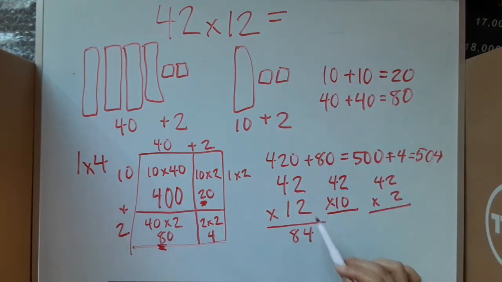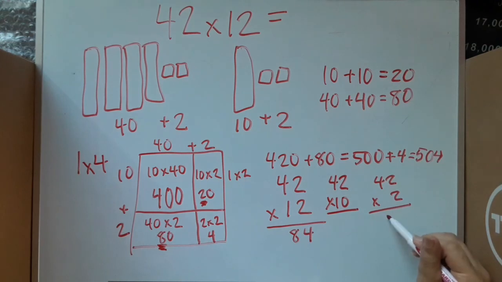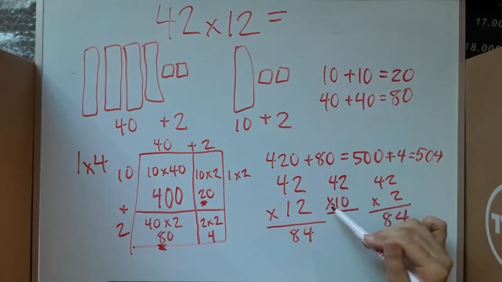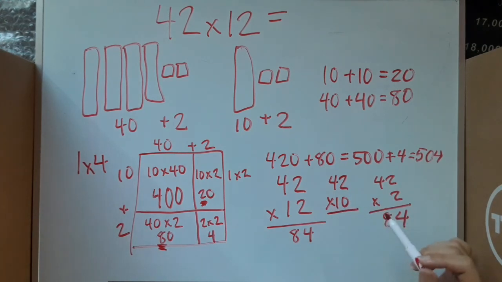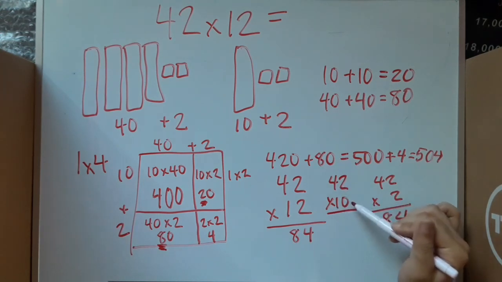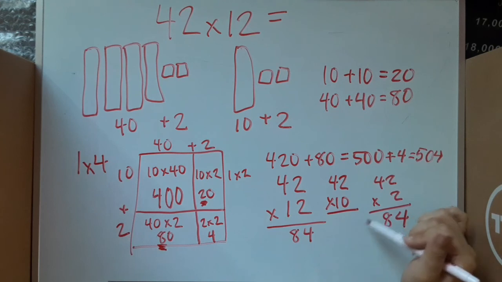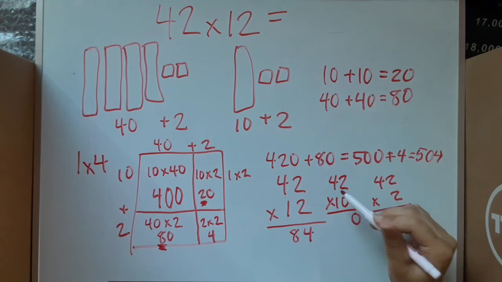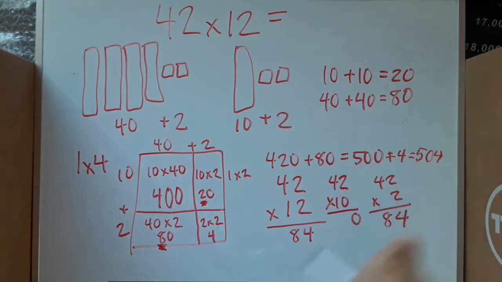We know the answer to 42 times 2, which is 84. Now we have to do 42 times 10. But like I said, we can do 42 times 1 while ignoring the 0, and then add a 0 on at the end. So let's put our 0 and do 42 times 1. 42 times 1 plays into our identity property, which we learned is anything times 1 equals that anything.